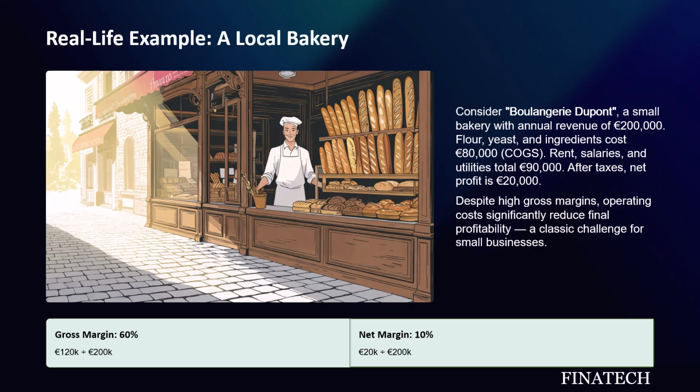Rent, salary, and utilities total 90,000 euros. After tax, net profit is 20,000 euros. Despite a high gross margin, operating costs significantly reduce final profitability, a classic challenge for small businesses.